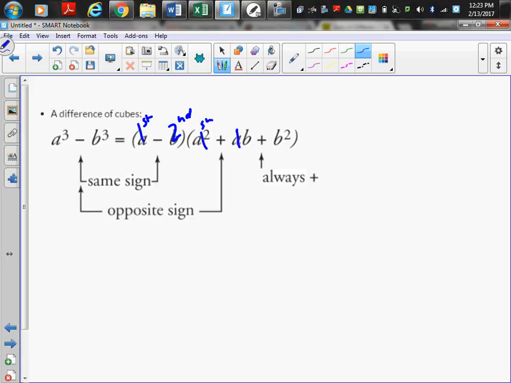This is first times second. And this one is your second squared. The exact same thing, except you have a minus in the first one and then a positive.